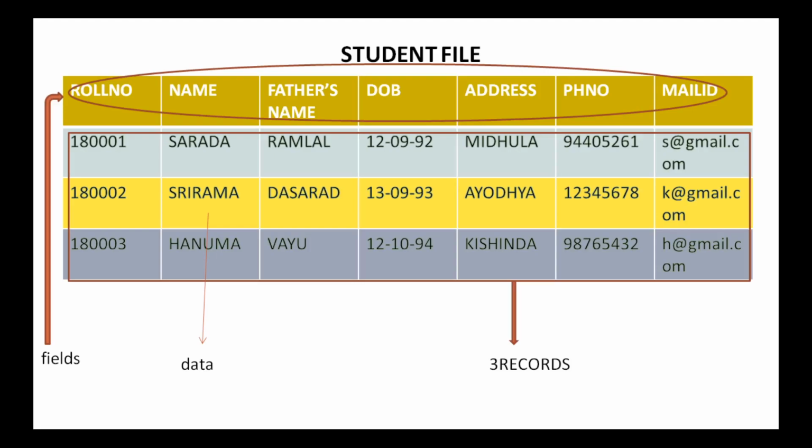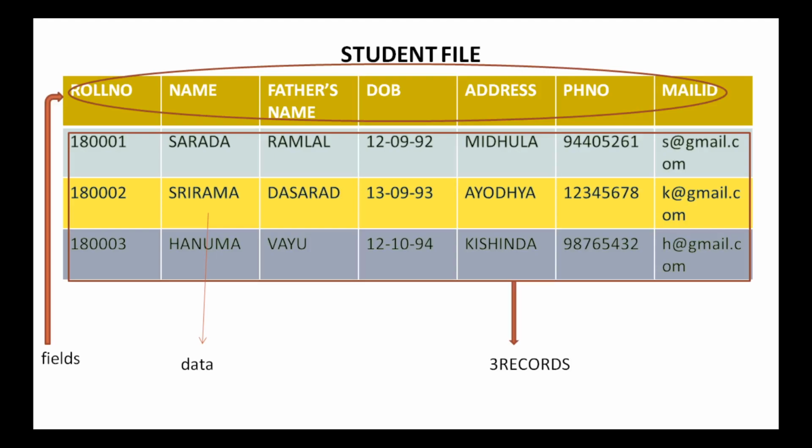Just observe: in these rows and columns there are some facts like 18001, Sharada, Ramlal, Ayodhya, and an email ID. Some facts regarding a person or a place or a thing. Those facts are known as data. And the heading row contains roll number, name, father's name, DOB, address, phone number, mail ID. Those are called fields.